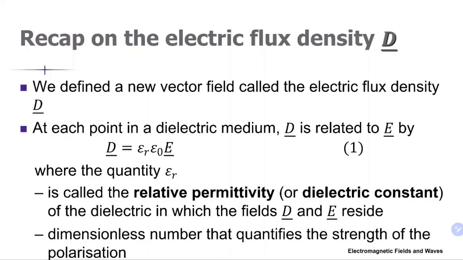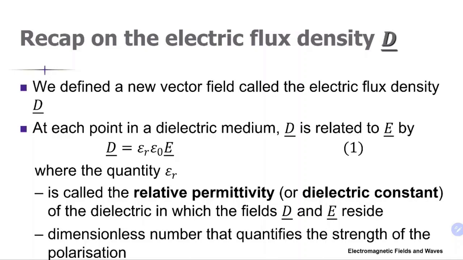And we said that epsilon r is the relative permittivity, or sometimes called the dielectric constant, of dielectric materials. And this dimensionless number quantifies the strength of the polarization.